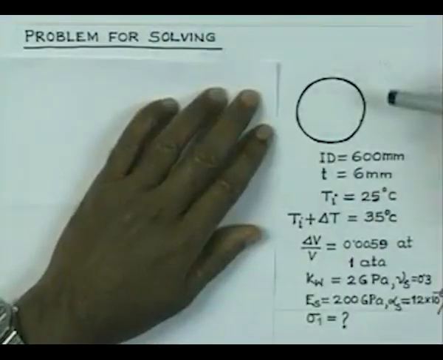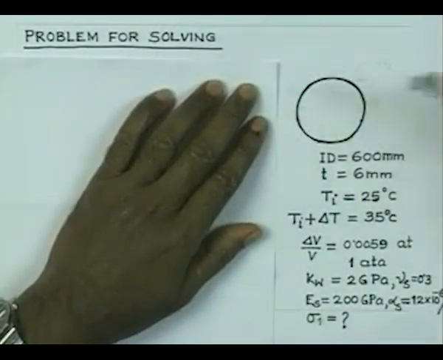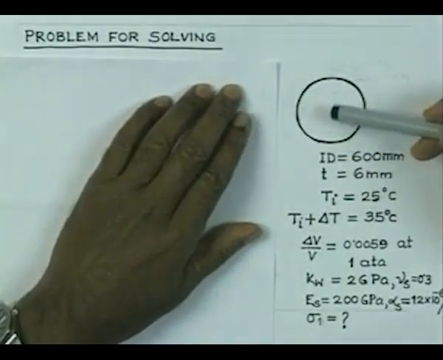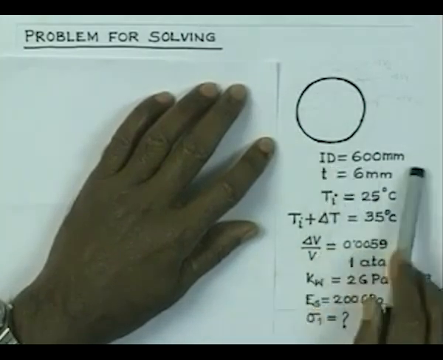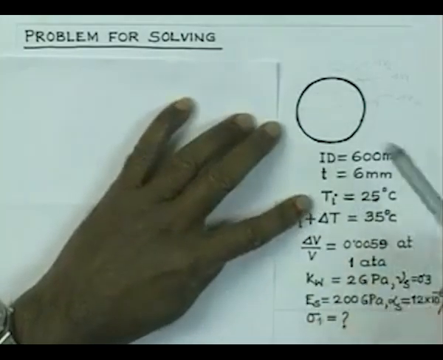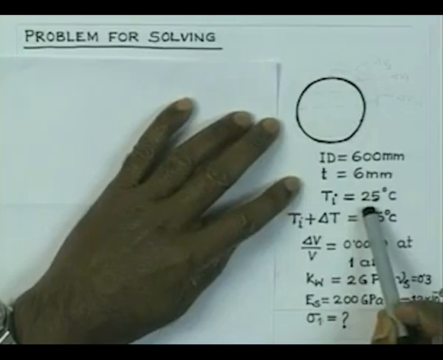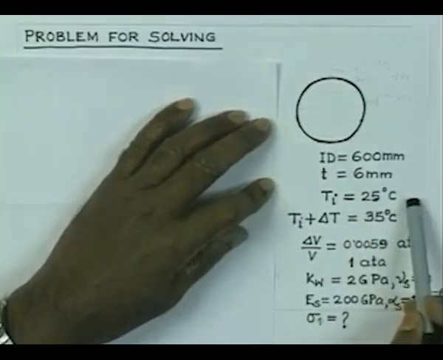Now, I would like you to think about another problem which is also very interesting, and it is solvable along similar lines. Think of a vessel filled with water, and its dimensions are ID 600 millimeter, thickness is 6 millimeter, and the water is initially at 25 degrees centigrade.